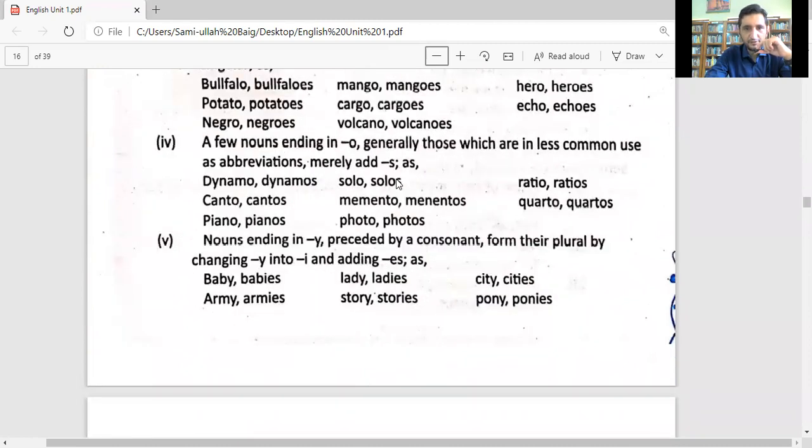So sometimes you just need to add -s. So instead of remembering all these rules, what I would suggest is you should read a lot of stuff, read a lot of novels, read a lot of short stories, and see how these words make their plurals. You will gain the knowledge of these experientially.